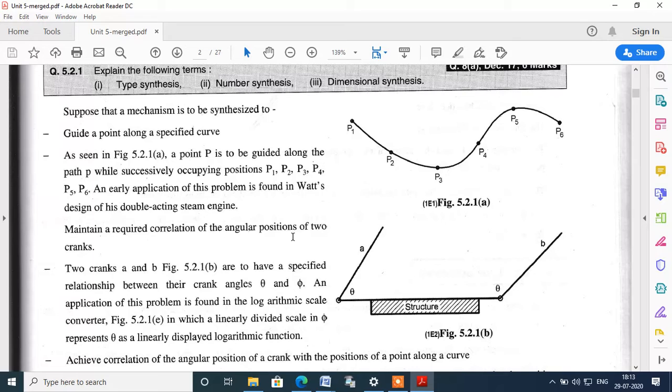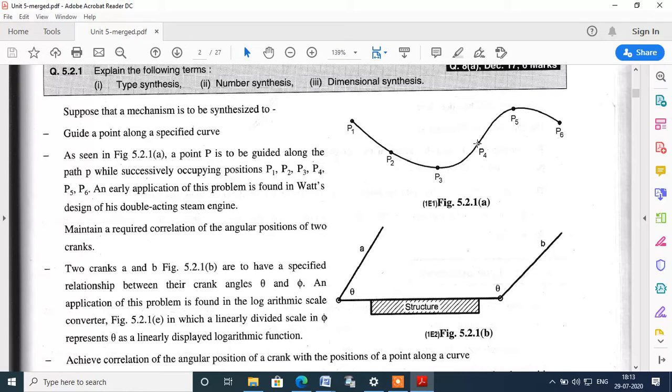Suppose a mechanism is to be synthesized that is to guide a point along a specified curve. If you see in the figure, a point P is to be guided along the path while successively occupying positions P1, P2, P3, P4, P5 and P6. An early application of this problem is found in Watt's mechanism, that is the double acting steam engine.